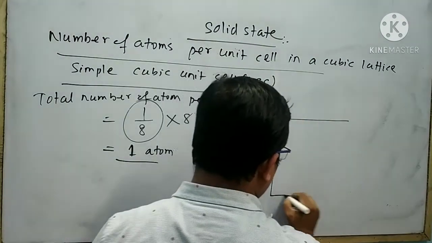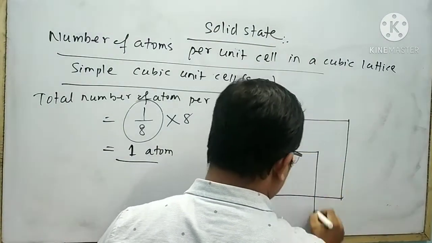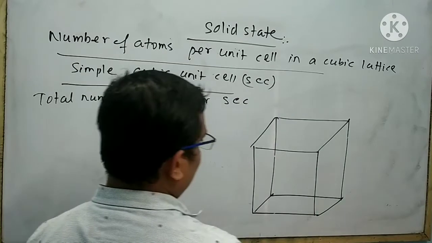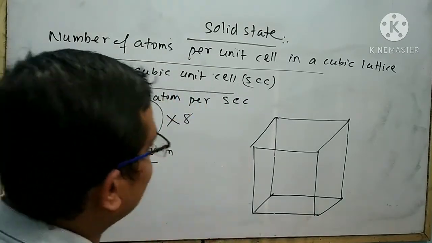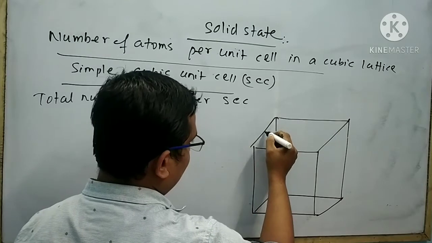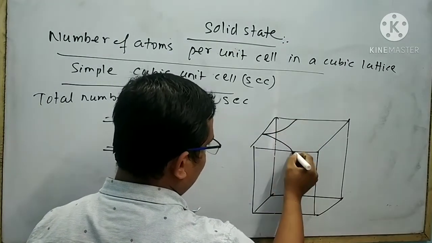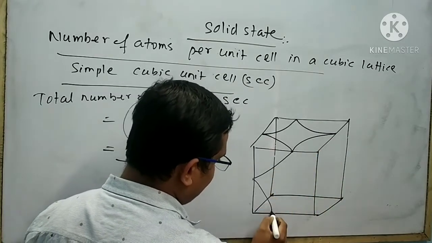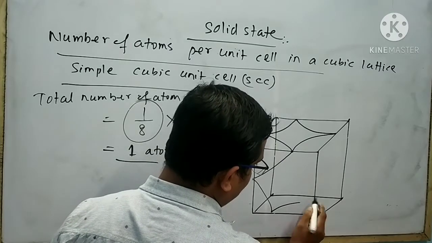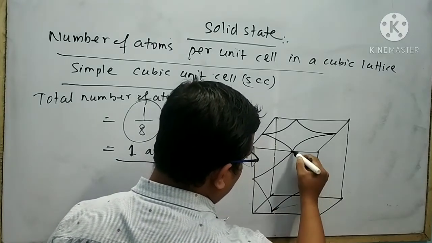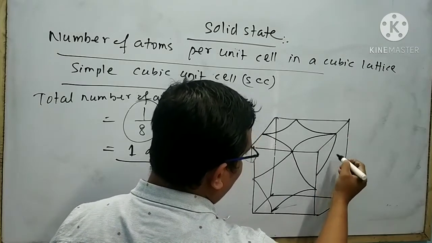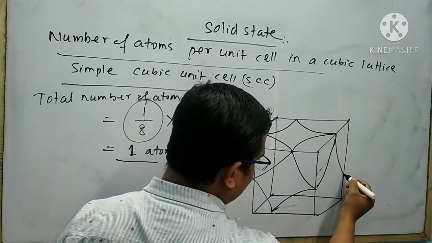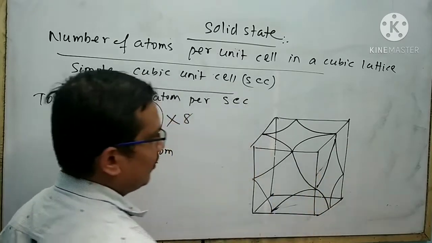This is your simple cubic unit cell. I can draw the 1 by 8 part of each constituent particle like this. Look at that.